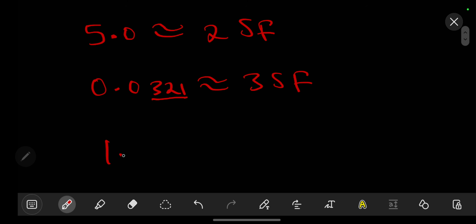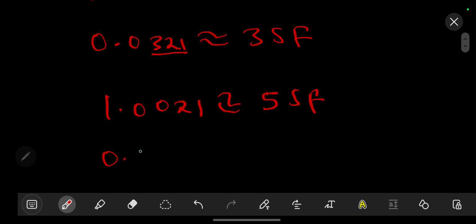But if you have, let's say, 1.0021, since there is a non-zero number at the beginning here, it simply means you are going to count the number of significant figures. You are going to say that it will be 1, 2, 3, 4, 5. So the number of significant figures this side will be 5 significant figures.